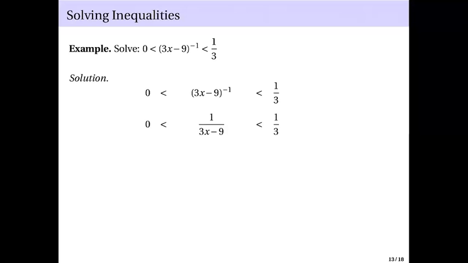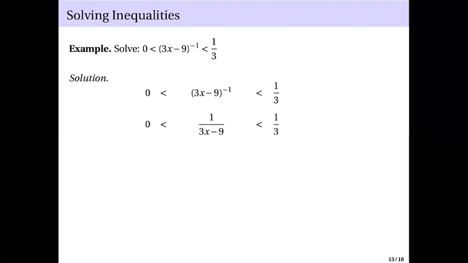Actually, in all parts of the inequality, and we are sure that the inequality direction will not change. Because again, we are sure 1 over 3x minus 9 is positive, and therefore 3x minus 9 is also positive.